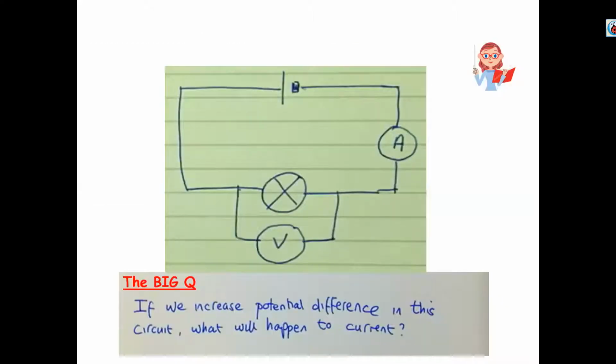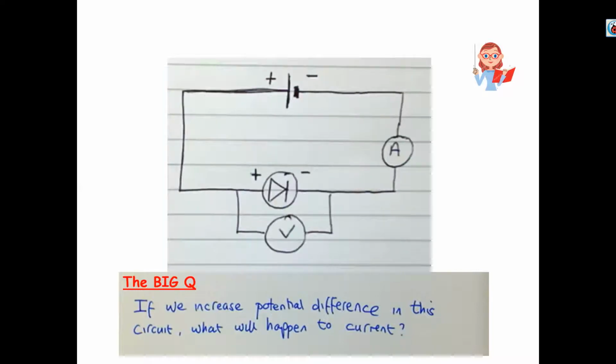What about the other devices? Again, we've got the symbol for a bulb, and exactly the same circuit. In the classroom, we may have a variable resistor being used in this case as well, so that we can vary the potential difference that way.